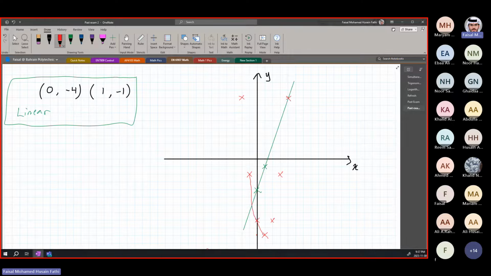Roughly. Okay. It's a bit worse actually. It should be almost like this here. It will go up right through here. It's not a straight line obviously.